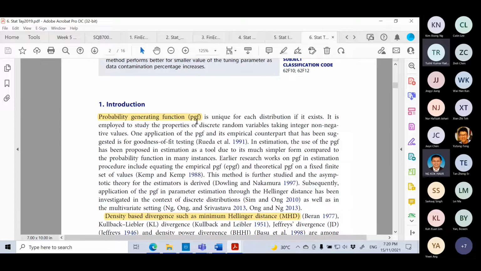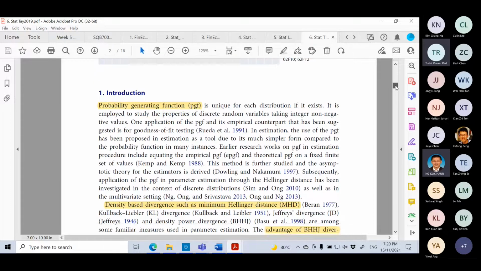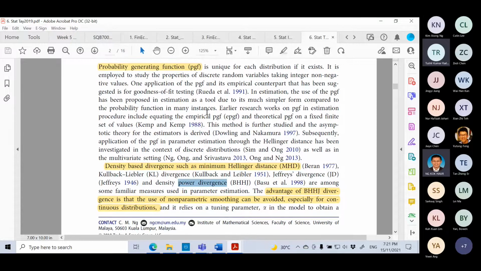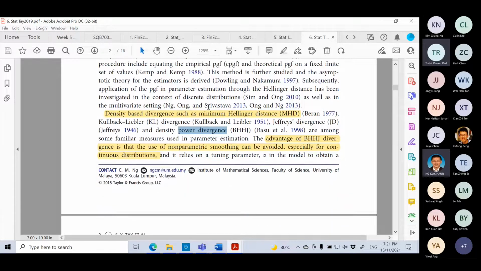After that, they mention the details of the advantages of using the MHD, and of course the power divergence. They mention the advantage of the BHSJ, and after that they link it to their research work. So all the previous researchers, they need to mention here.